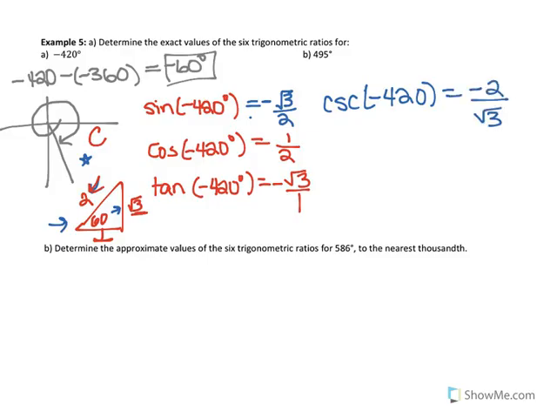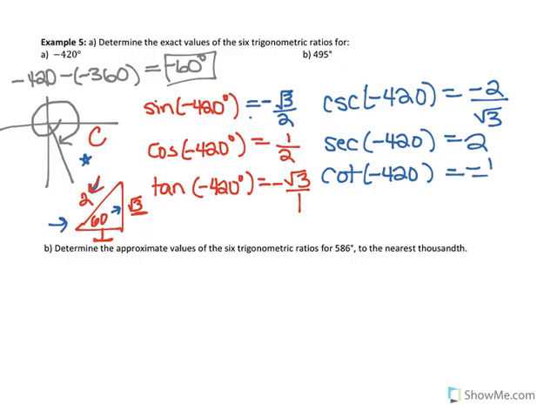We don't change the negative sign, we just flip it. Secant of negative 420 is equal to 2 over 1, which is 2. And cotangent of negative 420 is equal to negative 1 over root 3. So there are all of our trig ratios for negative 420 degrees.